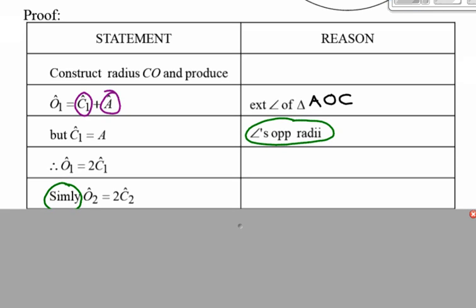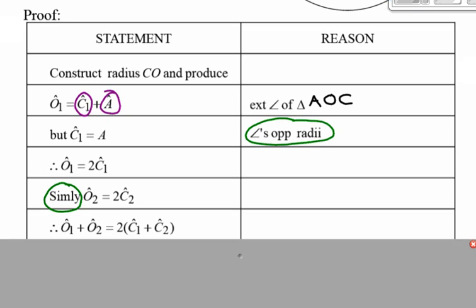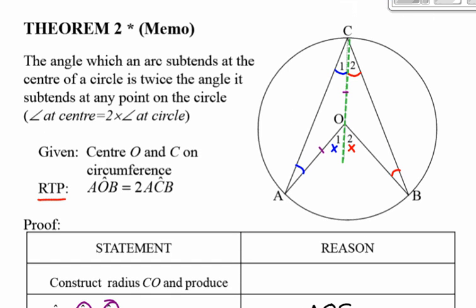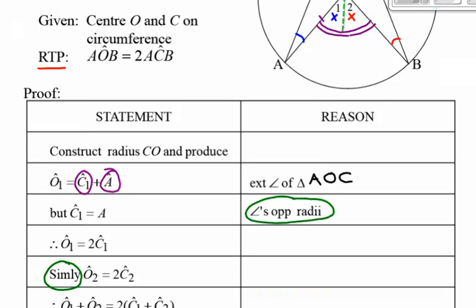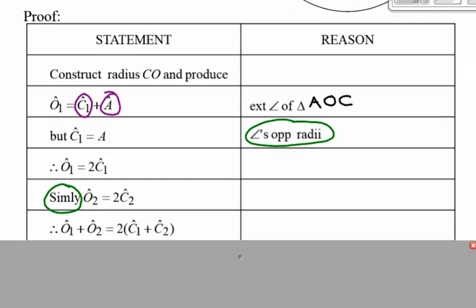Cool. Put that all together. Therefore, O1 plus O2, because ultimately I want this whole angle, which is O1 plus O2. So I can say O1 plus O2 is equal to, here we know that O1 is 2C1 and O2 is 2C2.